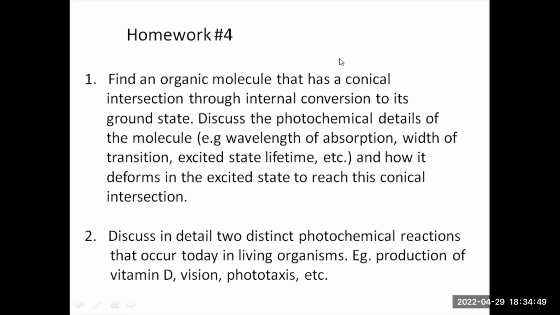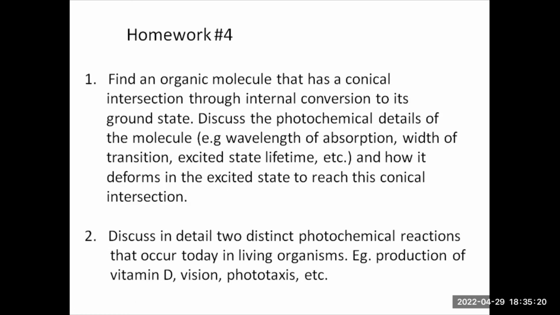Maybe you can even do guanine, Claudette, since you are working on it. Look at the conical intersection of guanine, and the others take different molecules and discuss the photochemical details of the molecule: the wavelength of absorption, the width of the transition, the excited state lifetimes, etc., and how the molecule deforms in its excited state to reach this conical intersection, which allows it to dissipate very quickly to the ground state.